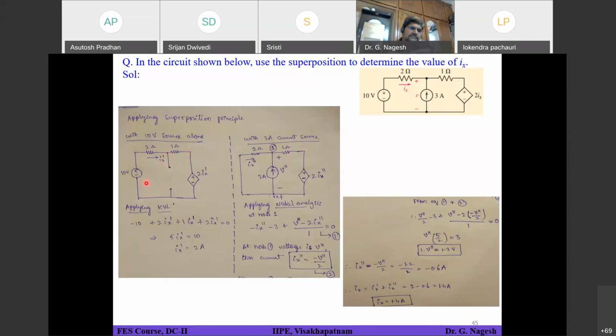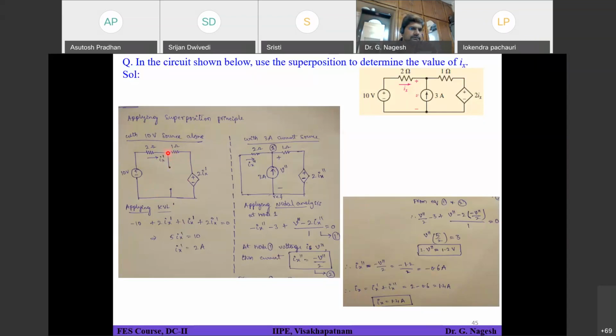Since in this circuit you are seeing an open circuit, that's why you are feeling like that. Otherwise, if you have doubt, you can apply KVL for this entire loop also. You can apply KVL for this entire closed loop, no issue. But at the end of the solution, you have to find out the voltage at this node. Your objective is to find the voltage at node 1 in circuit 1.